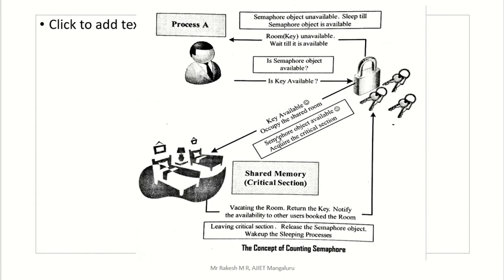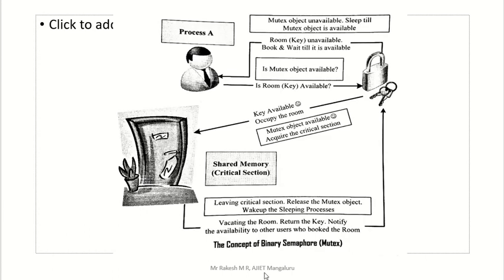This is a counting semaphore: one room contains 3 chairs, tables, or cots, and the range is minus infinity to plus infinity, so we can take any number. But in the case of a binary semaphore, only one room is there, and inside it one cot or one bed. So only one person can go inside that room; it is a single room.